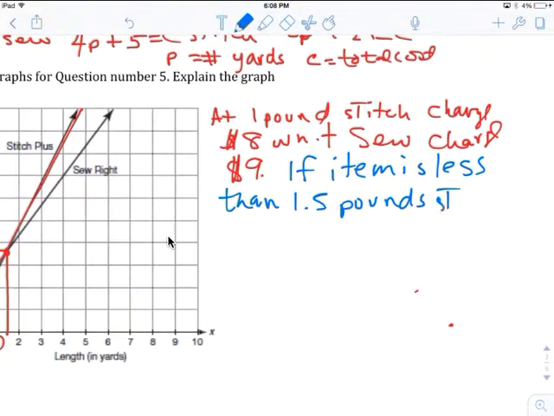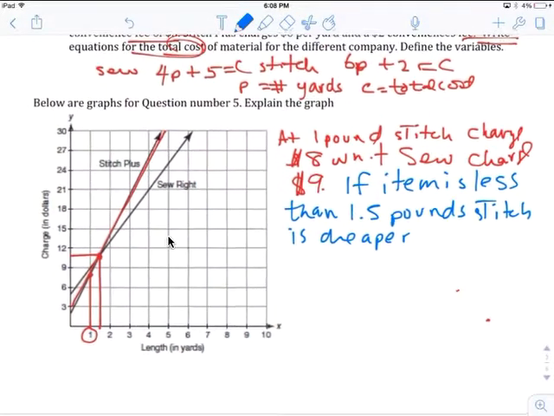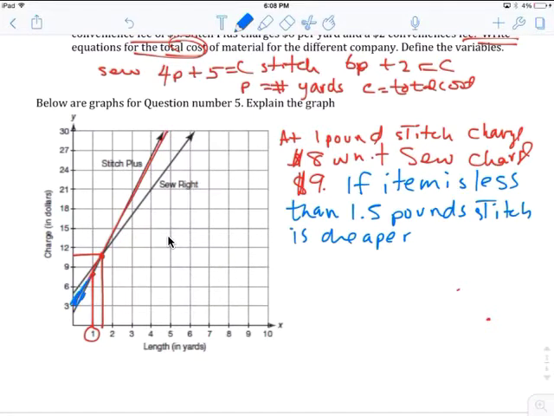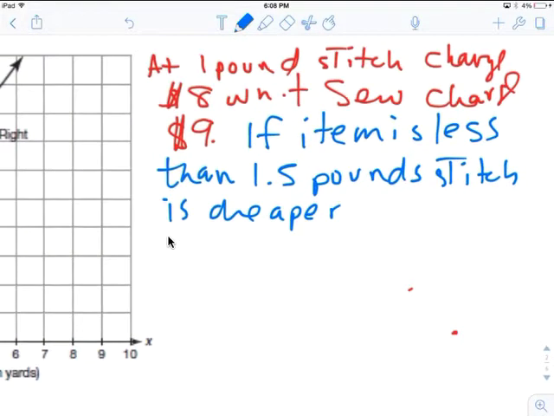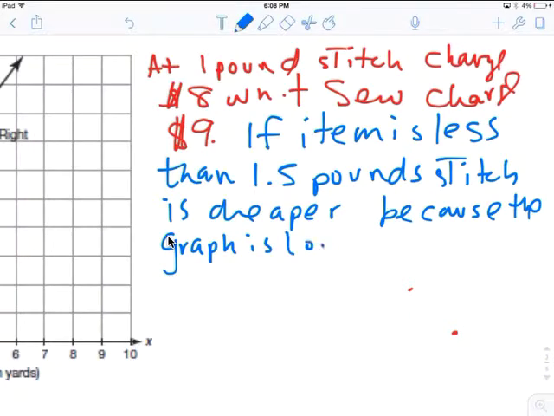Stitch is cheaper because their graph is lower.